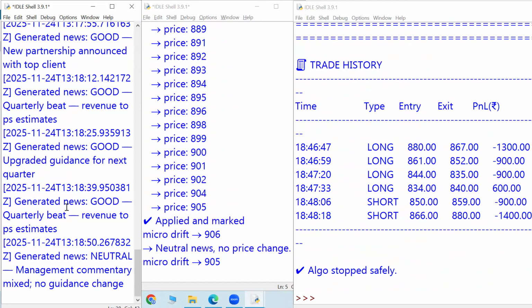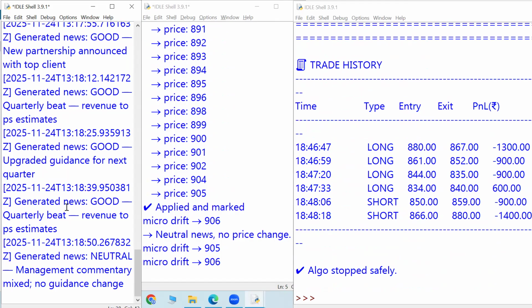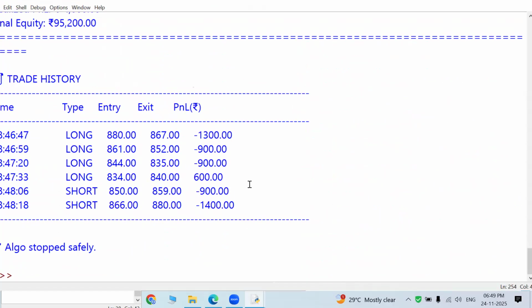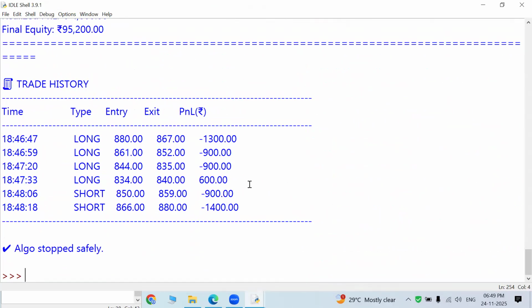See, this is the actual market scenario which happens with every trader. You work with the logic of RSI. The best part over here is it has shown what happened on the technical side.